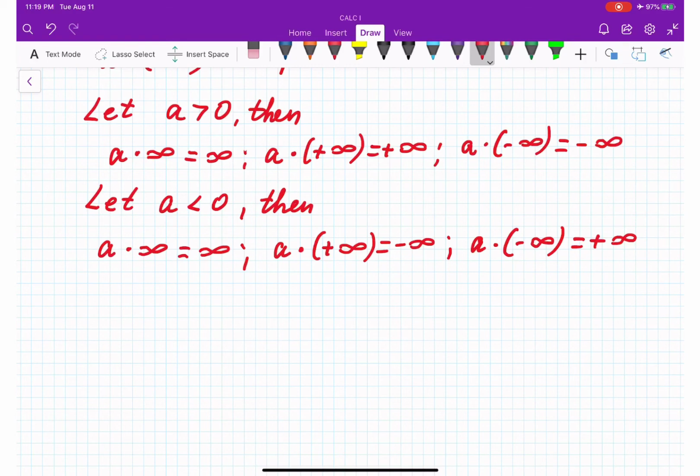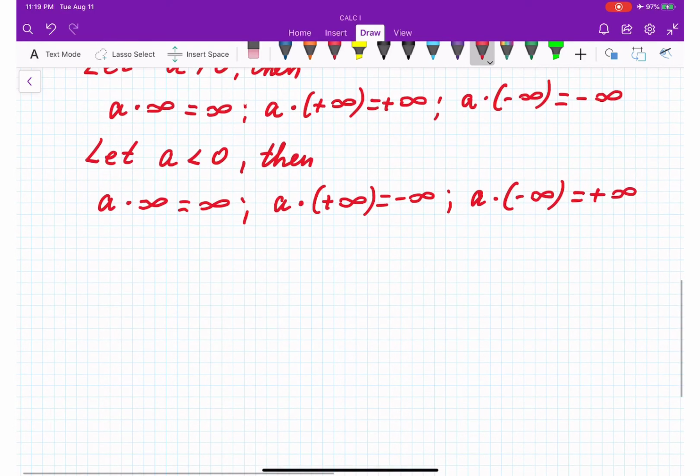So we can apply these rules to some limits. Let me put some examples here.